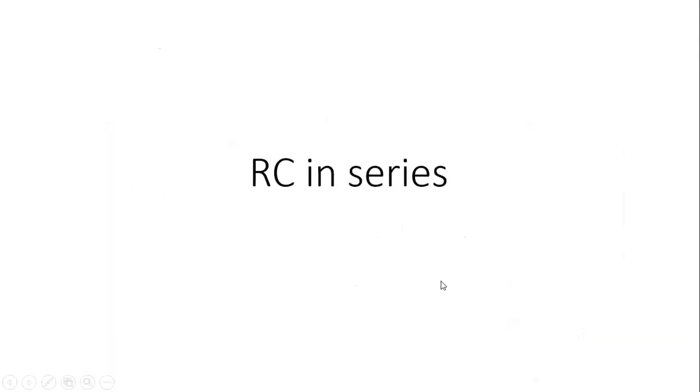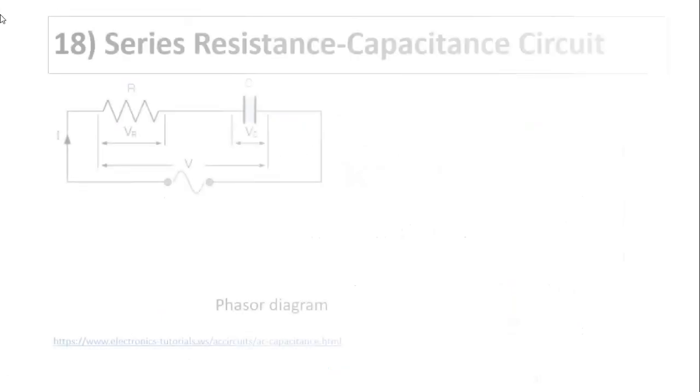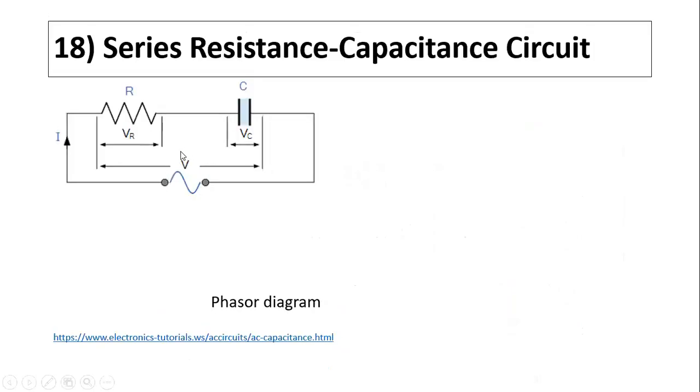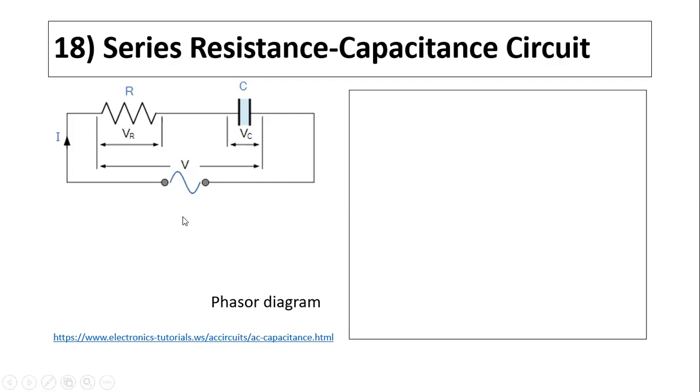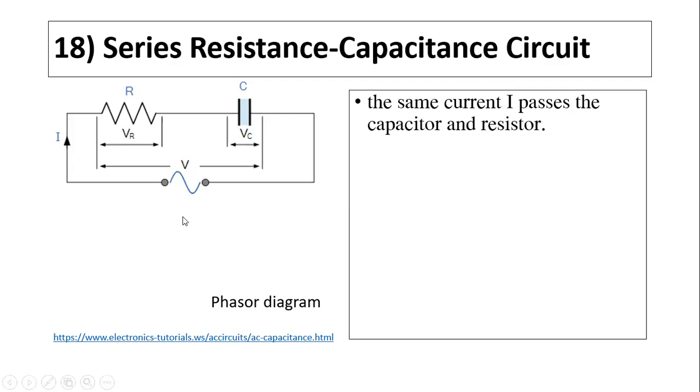Okay, let's look at RC in series. There's your R, resistor, there's capacitor, there's your source of voltage supply, alternating source. The thing to remember is the same as your DC. The same current passes through the capacitor and the resistor.